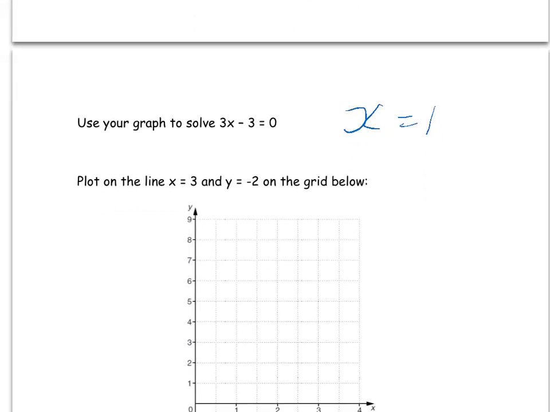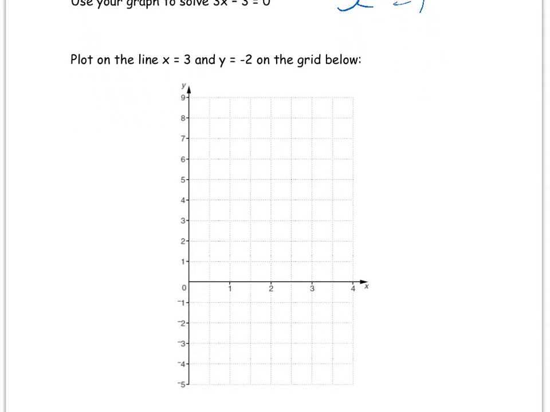You could also be asked to plot the lines x equals 3 and y equals minus 2 on a grid. Now, x equals 3 means we're looking for a line where all the x coordinates are 3. So, all the x coordinates are 3 along here, because that's 3, 1. That's 3, 4, 3, 0. 3, minus 3. That is the line x equals 3.